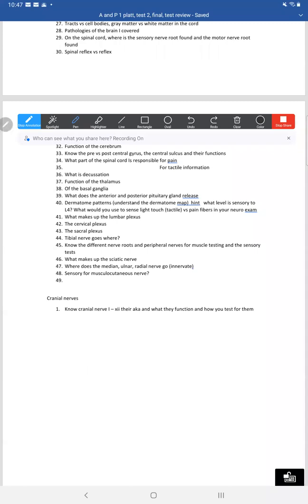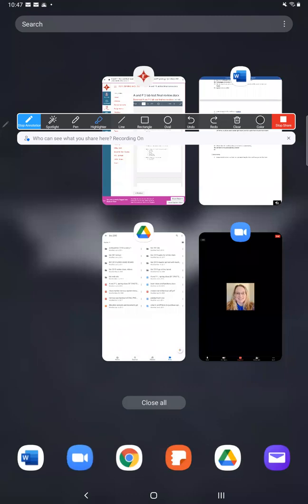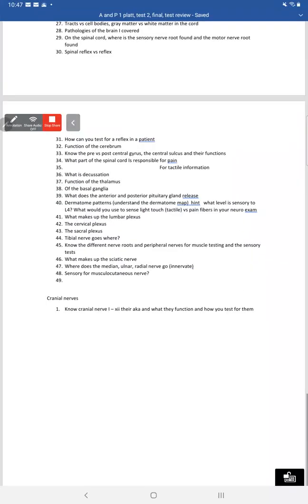Okay, what nerves make up the lumbar plexus? That'd be L1 to L5. The cervical plexus, C1 to C5. Sacral plexus, so your sacral nerve roots, all the stuff that comes out of the sacral, S1 to S5.